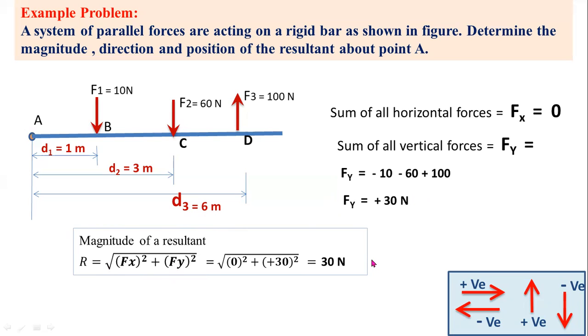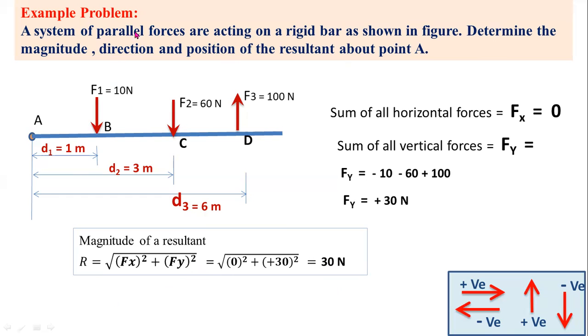Here Fx is 0, Fy equals plus 30. So the answer is 30 newtons. The magnitude of the resultant R equals 30 newtons.